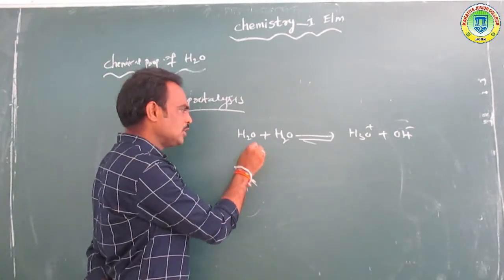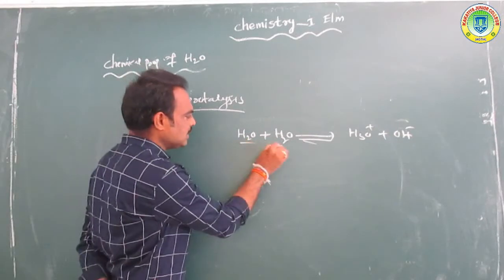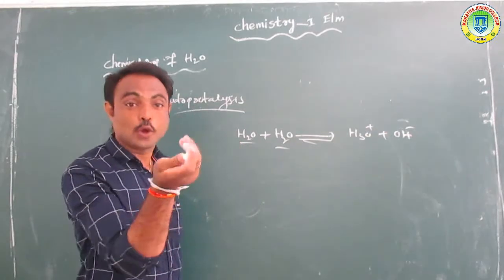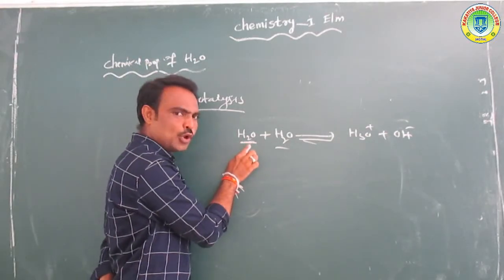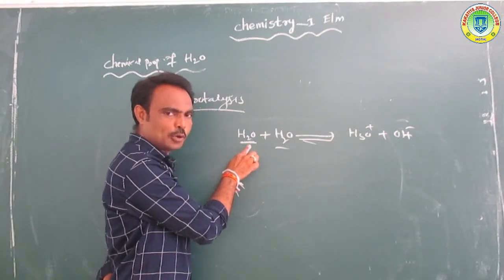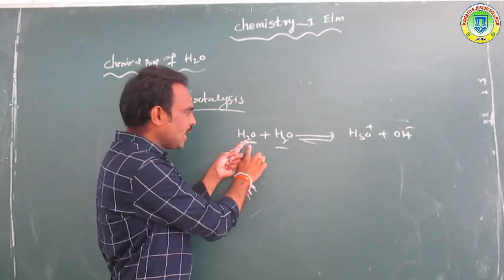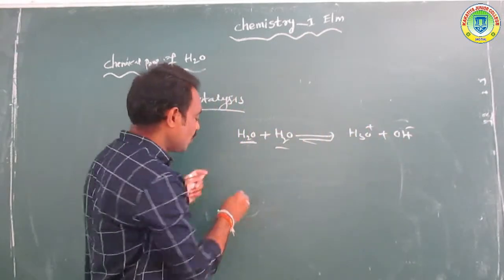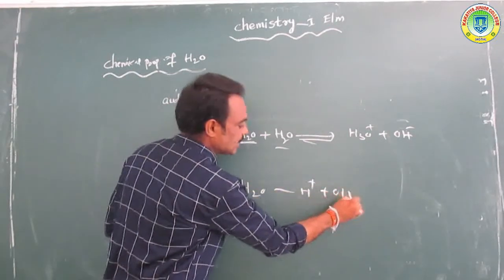So in this reaction also, one water molecule is an acceptor and one is a donor. Suppose this H2O donates the proton; it loses H and is converted to OH minus. Overall H2O means H plus and OH minus.